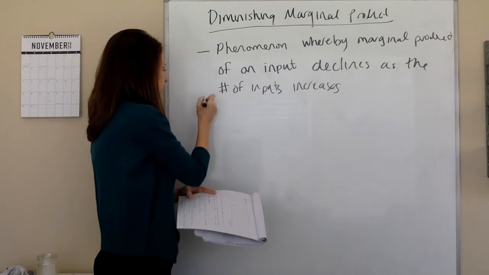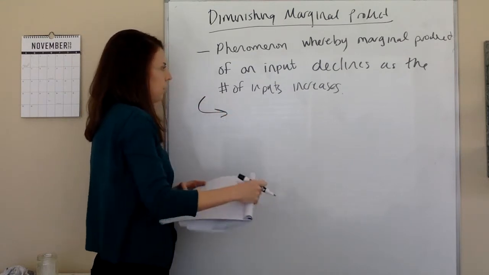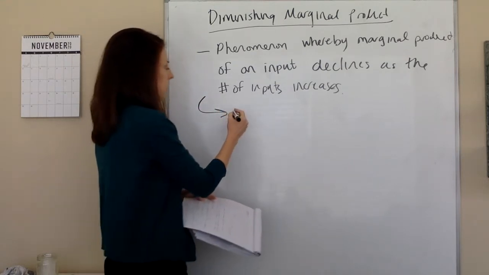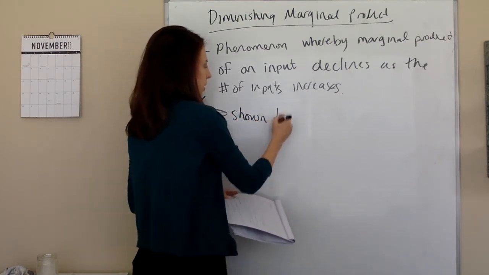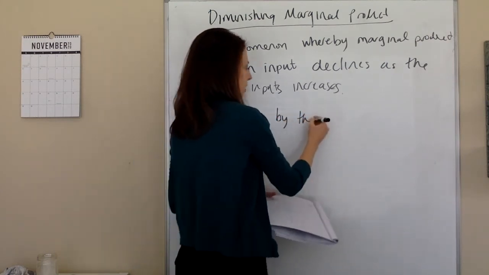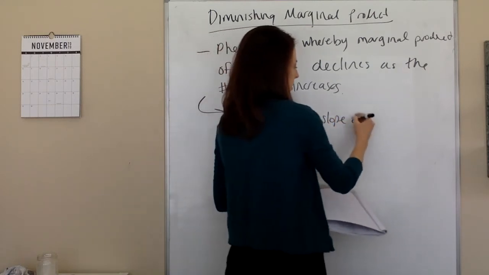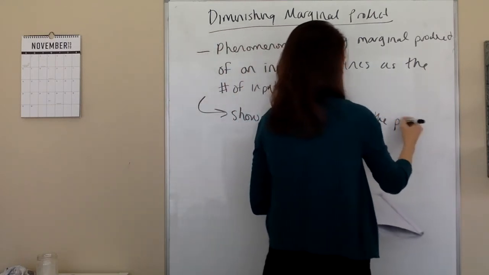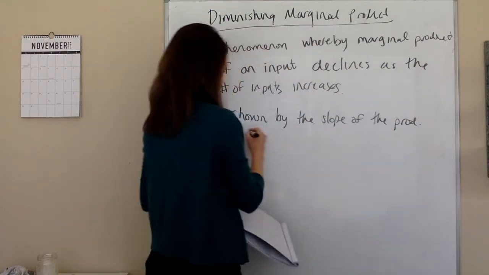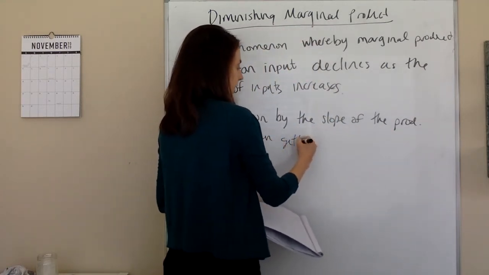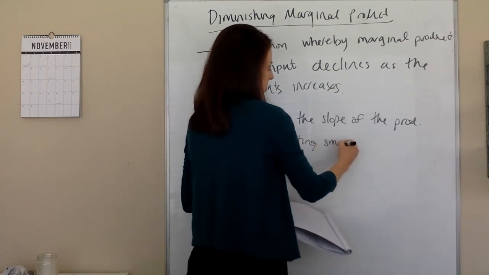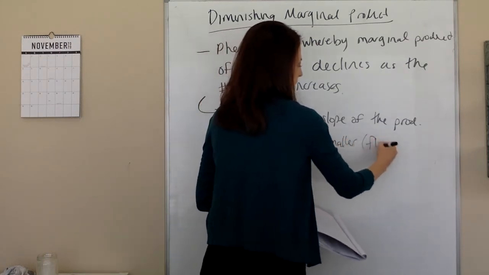Okay, so again, just note this corresponds or is shown by the slope of the production function getting smaller, or in other words, getting flatter.